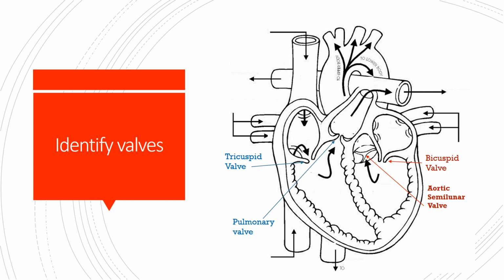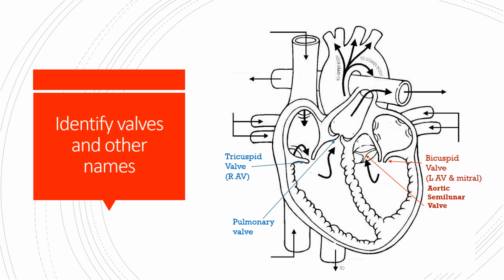All right, so pulmonary valve, it goes to the pulmonary trunk. So that makes sense that it's the pulmonary valve. Aortic semilunar valve makes sense because it's going to the aorta, at the ascending aorta. Bicuspid valve makes sense because it's 2 leaflets there. Tricuspid valve makes sense because it's 3 leaflets there. So giving you an idea of what I just said, kind of broken down a little bit more. You do have these other terms, so just a heads up.